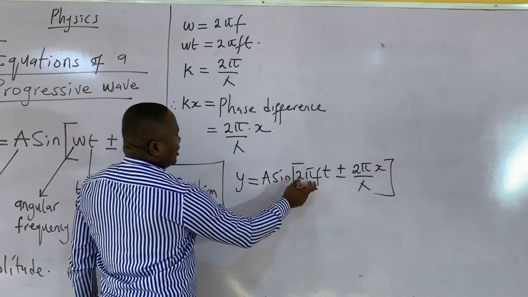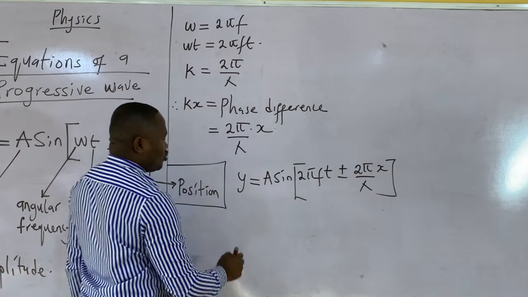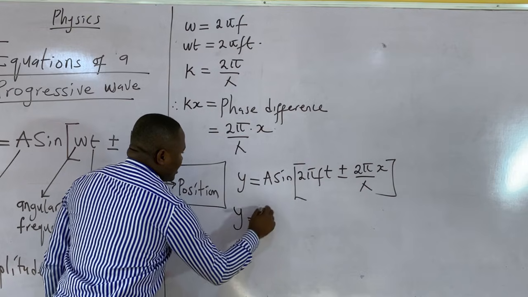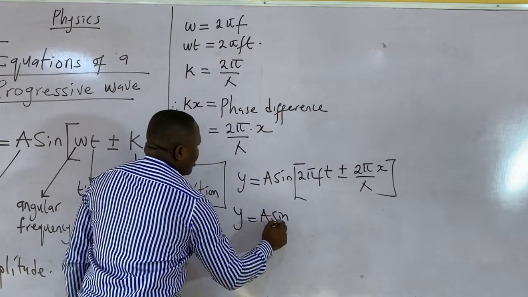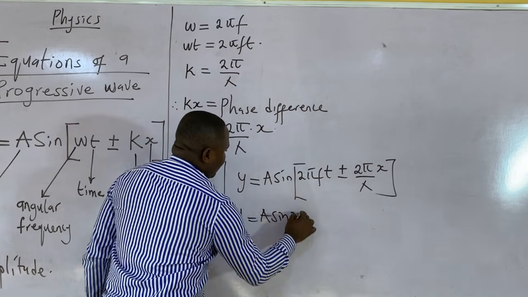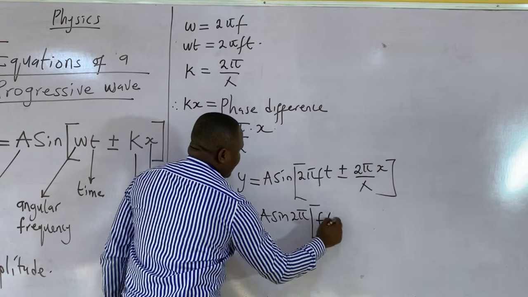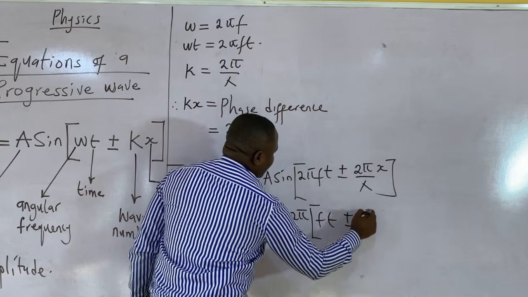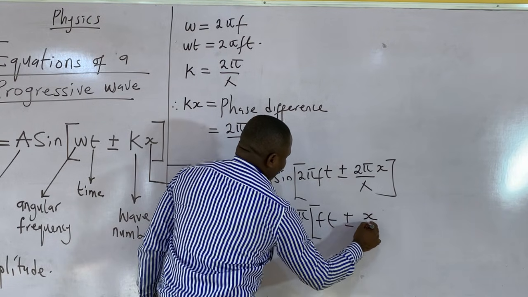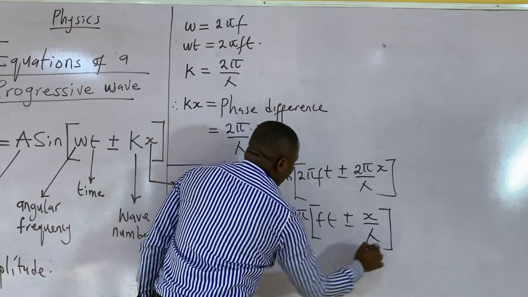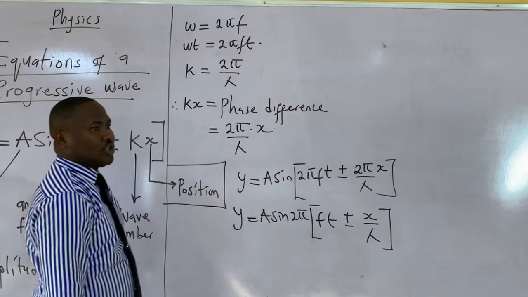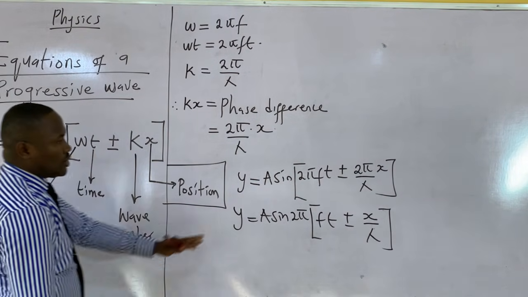So to take the common factor, which is your 2π, we'll be having y is equal to A sine, bringing out the common factor 2π, open bracket, I have ft plus or minus x over λ. So this is another equation derived from this equation.